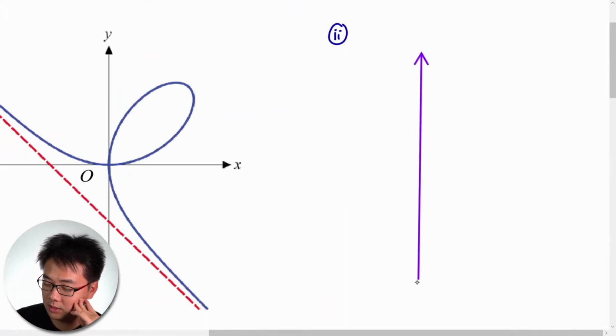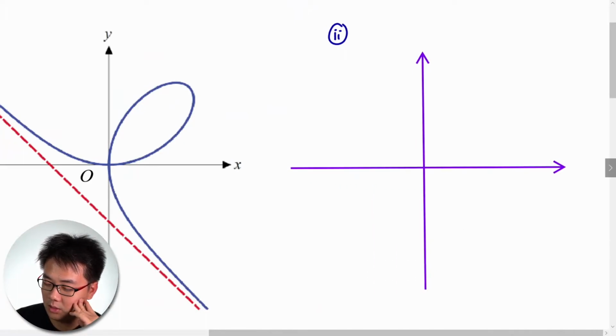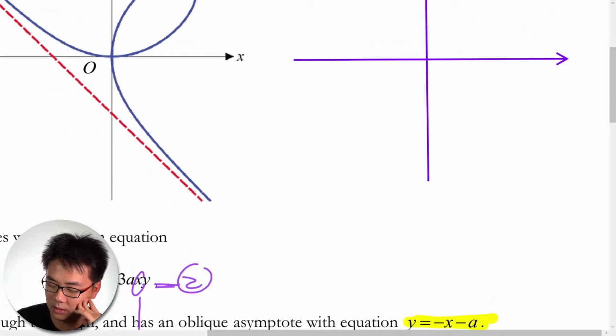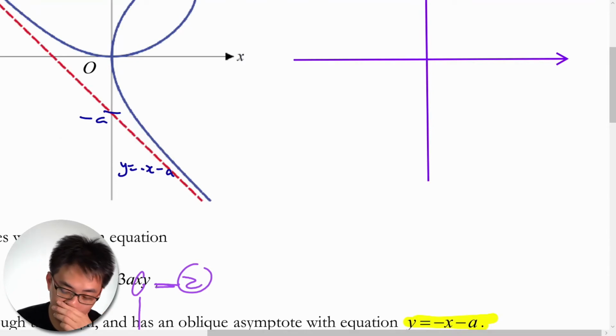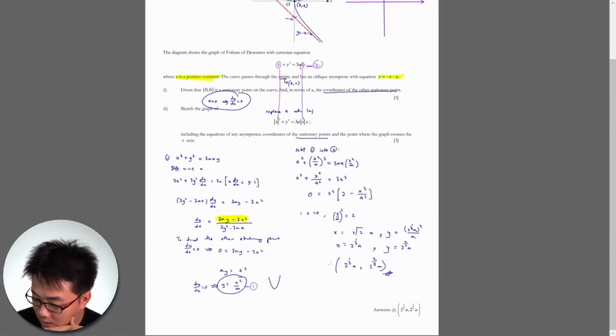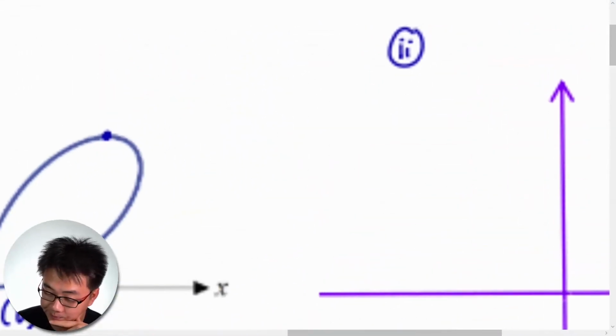If you want to sketch it properly, what you need to do is omit this side. Be careful, this one will be minus a. This is 0, 0. Then this point here initially was 1/3 a.